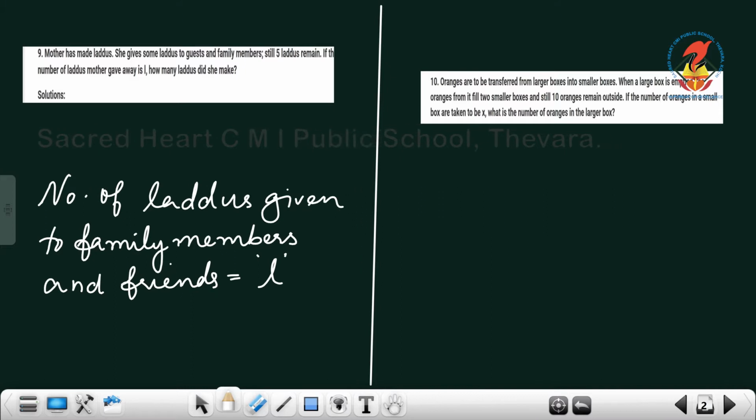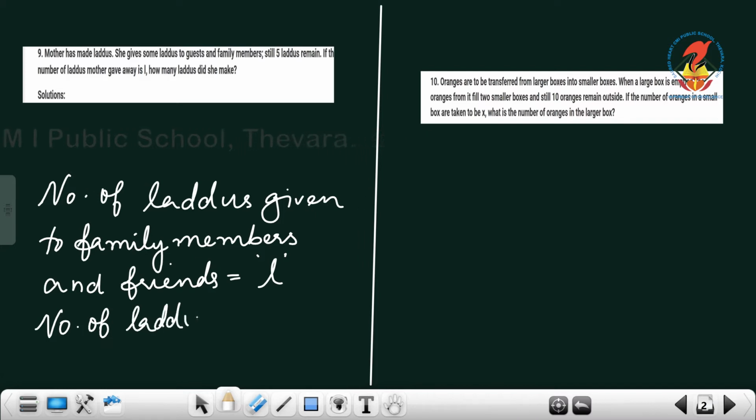Then still 5 laddus remain. So, number of laddus remained is equal to 5. So, what is the total number of laddus she made?